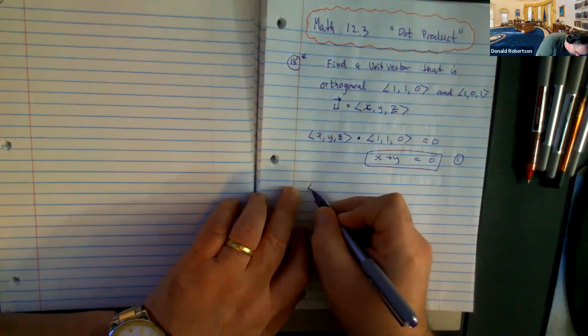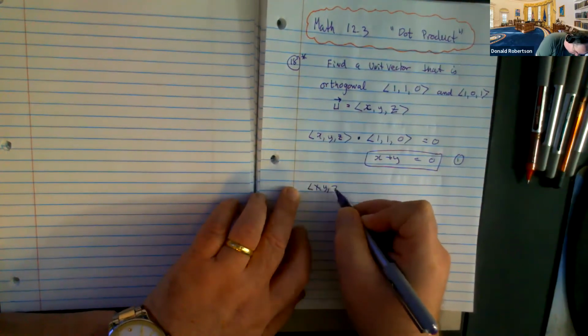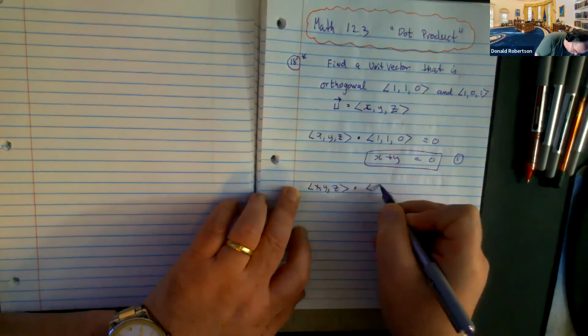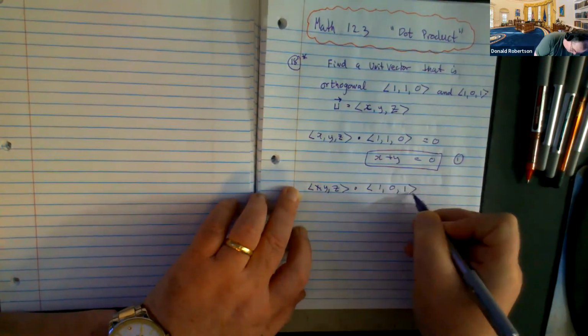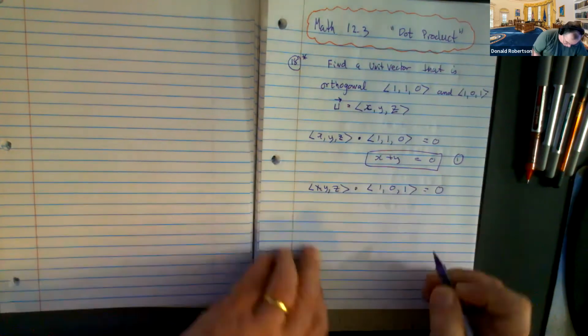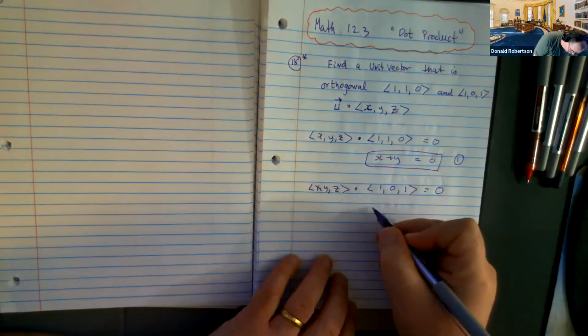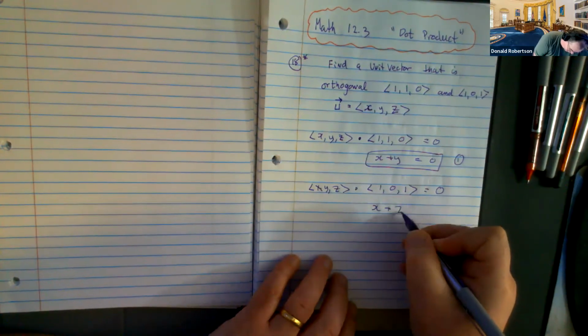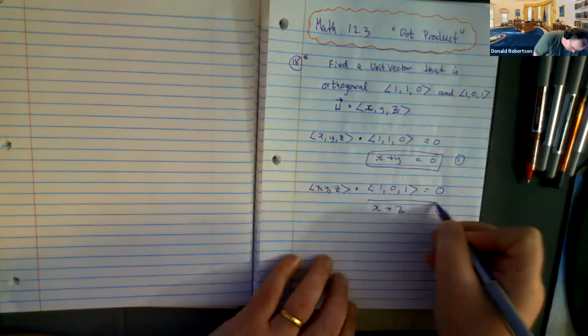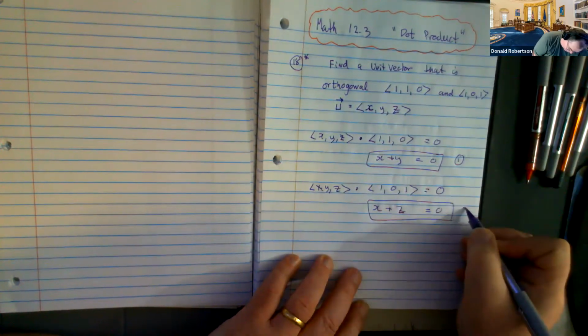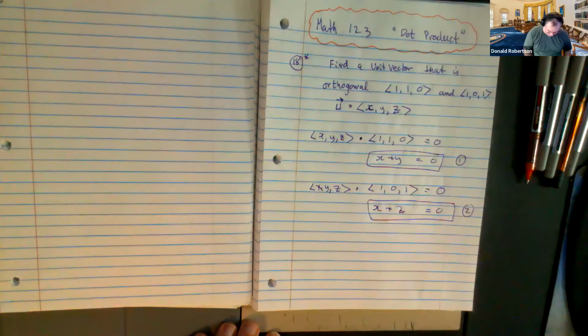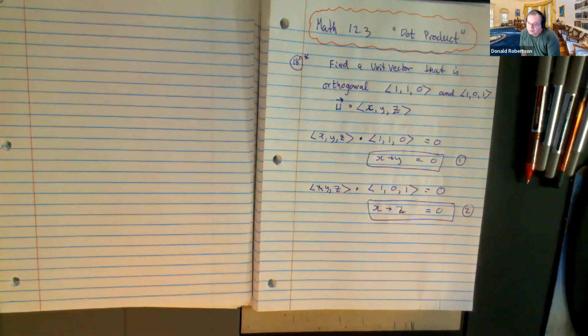So my vector is X, Y, Z, and it's orthogonal to 1, 0, 1, and so its dot product will be 0. If you do a dot product, you get X plus Z equals 0. I'm going to call this equation 2. So far, so good.